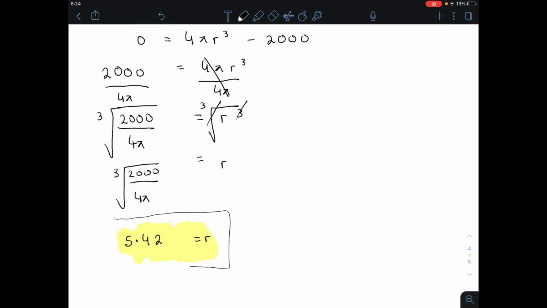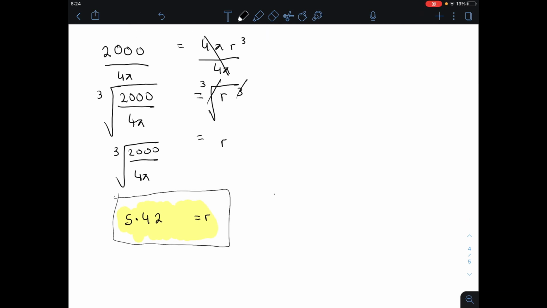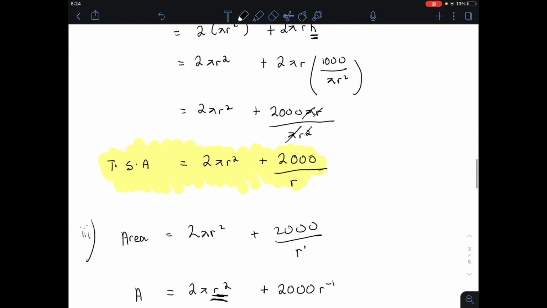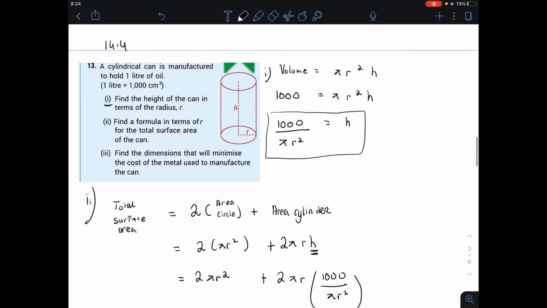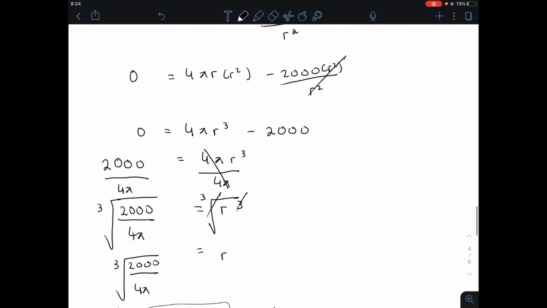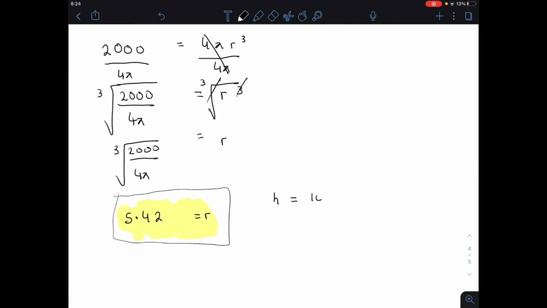Okay, so now I find my dimensions for the radius. I must also find the dimensions for my height. So going back up to part 1, our height was equal to 1000 divided by pi r squared.